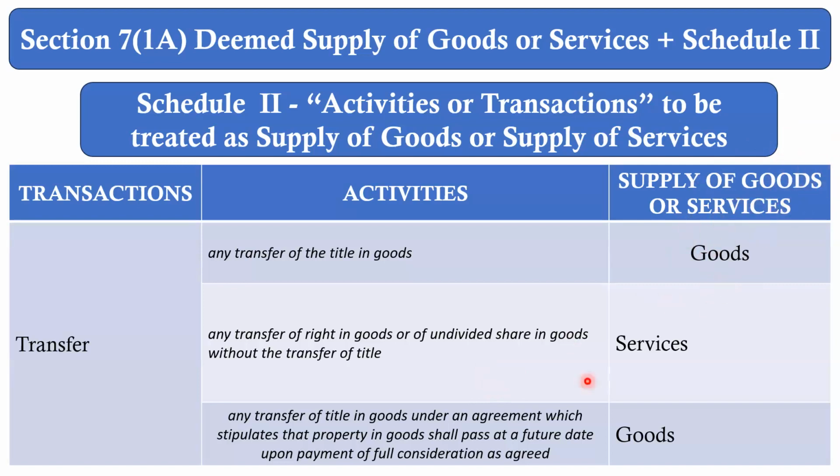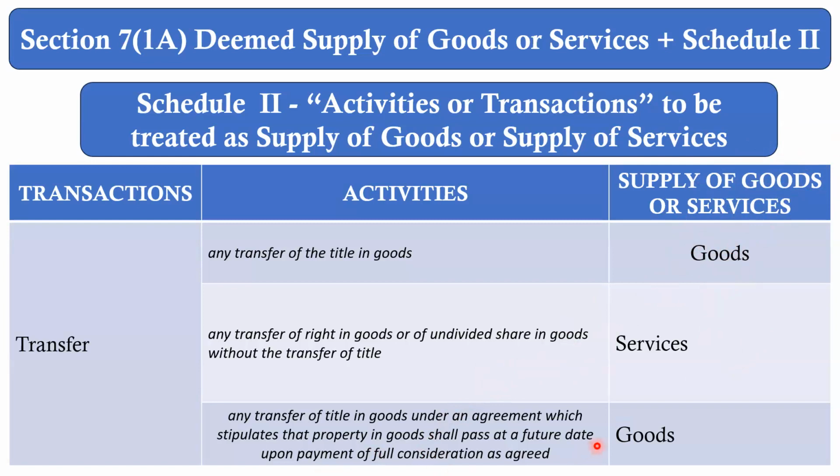It is goods. Next, any transfer of right in the goods or of undivided share in goods without the transfer of title. Someone who is doing that, that means here the supply is called services.